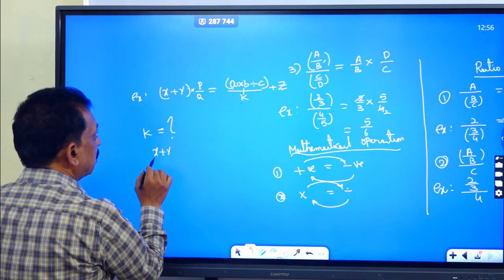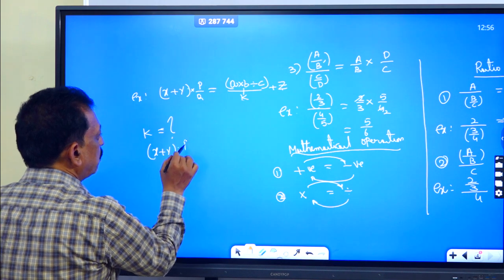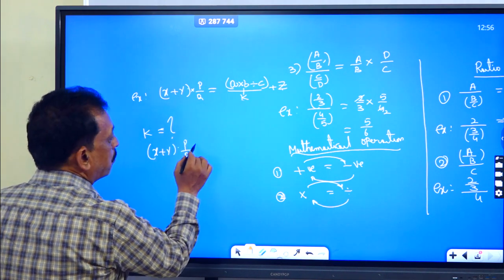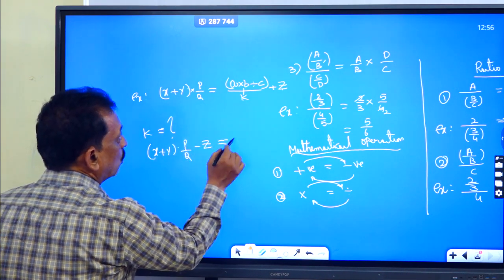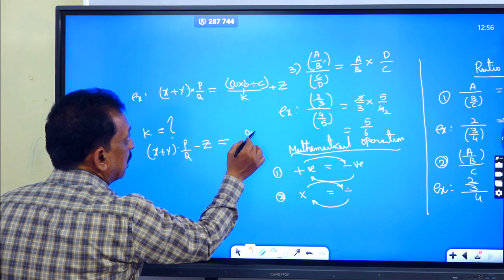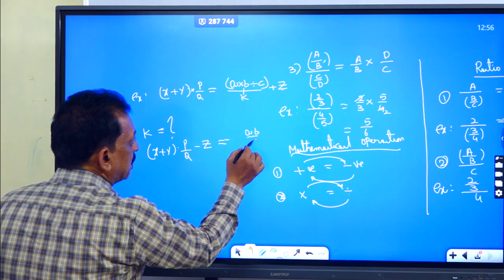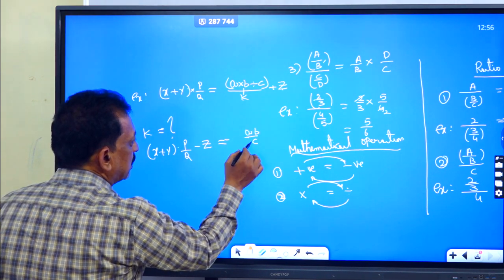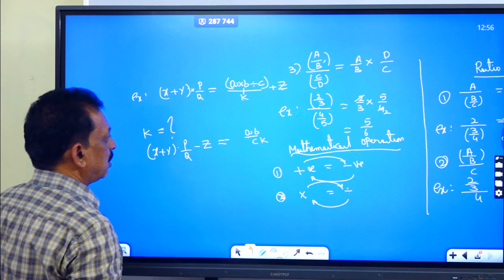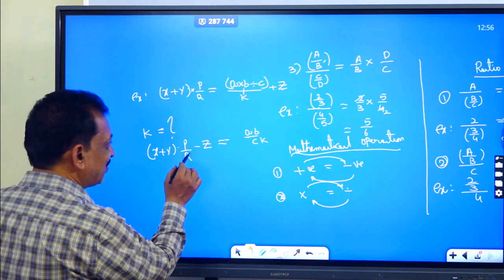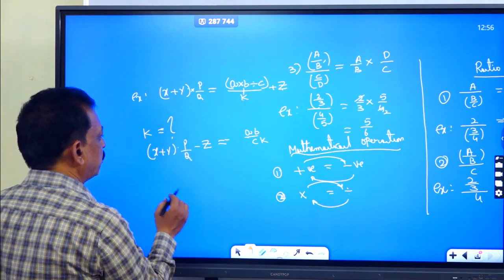X plus Y into P by Q minus Z is equal to A into B by C, that is called CK or KC. Now here you take the LCM. Then reciprocate.